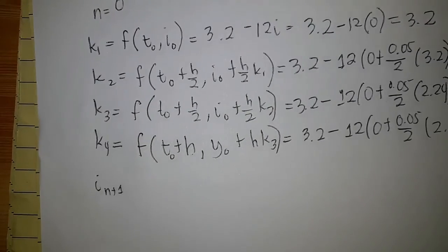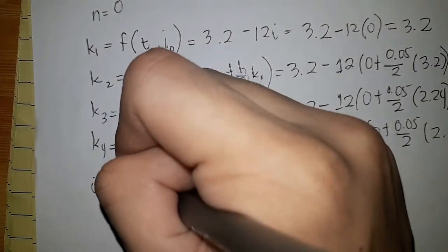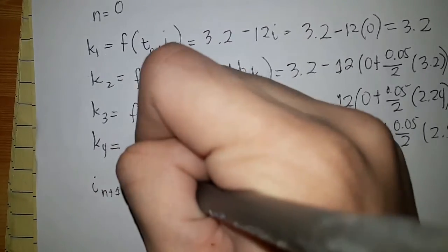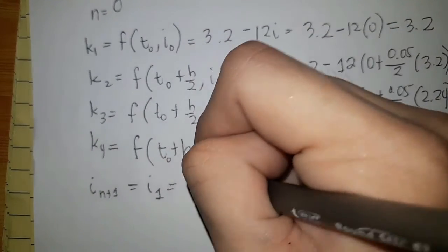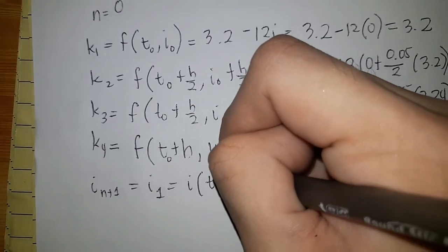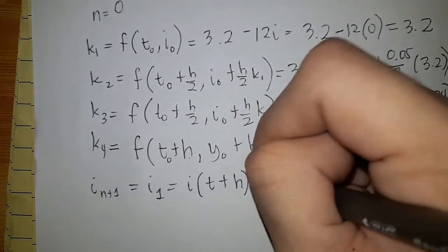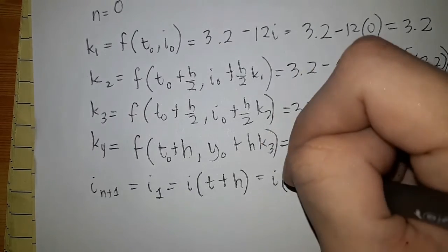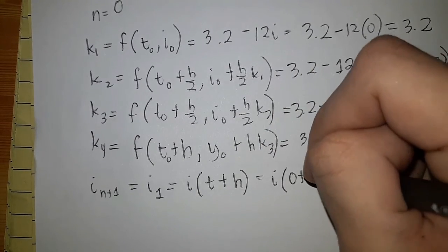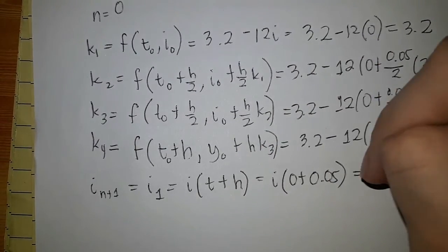So this one is equal to I sub 1. So I sub 1 is equal to t plus step size h. So this will become I 0 plus 0.05.